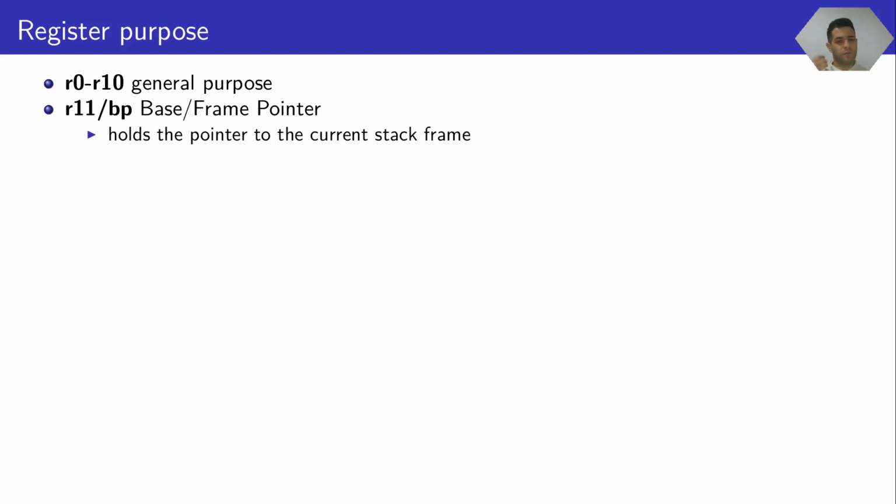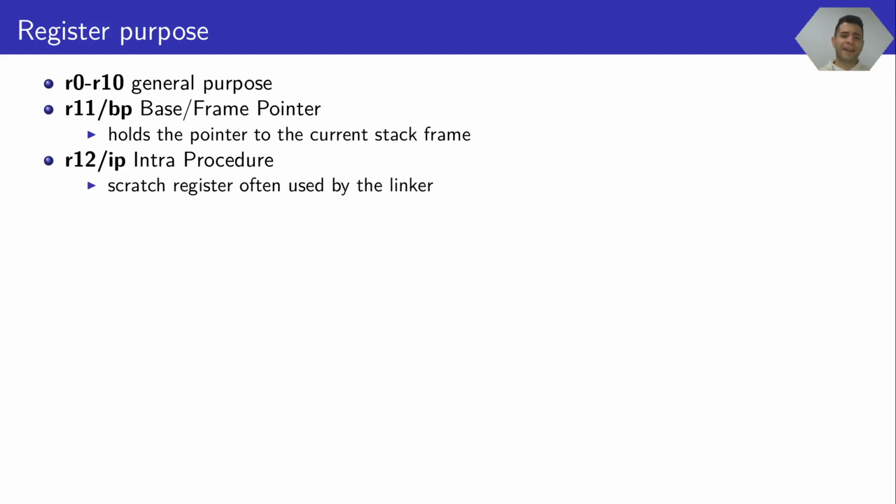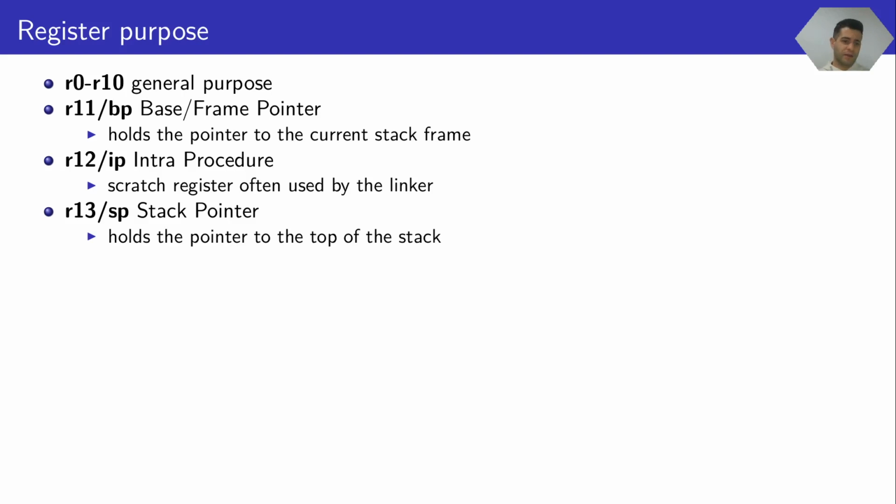We will see this in more detail later in this course. Then we have R12, the intra-procedure register, a scratch register that is often used by the linker. We'll see some uses of the IP later in this course. Then we have R13, the stack pointer, which holds the pointer to the top of the stack.